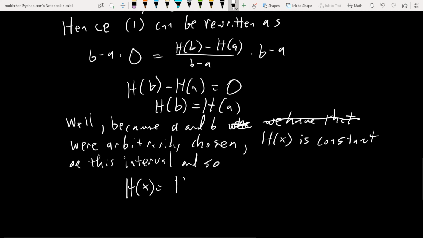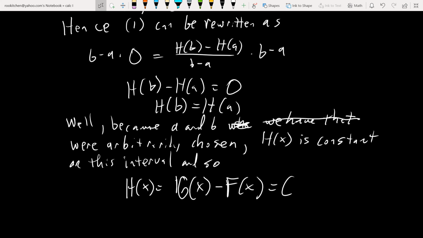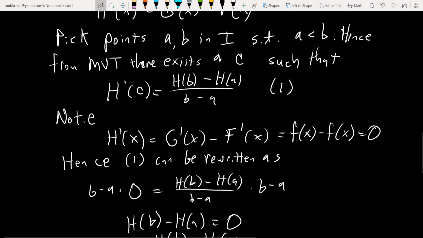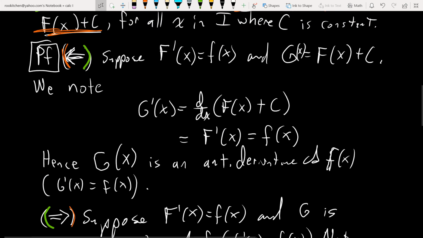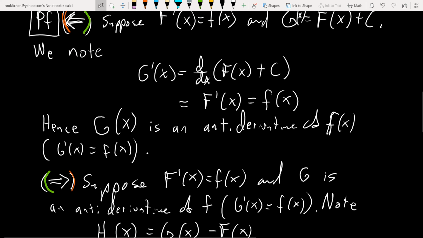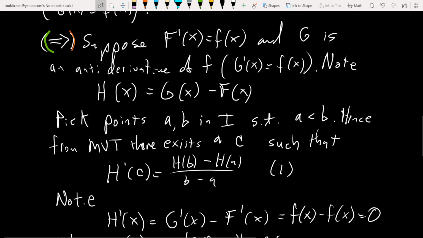Yeah, g of x minus f of x, which equals some constant, but then that implies that g of x is basically f of x plus some constant. Right, so it nails down what the possibilities for g of x can actually be. So g of x has to be of this form, f of x plus some constant.